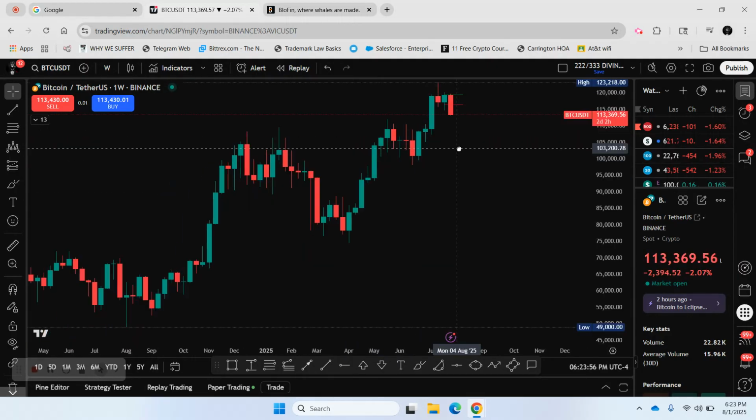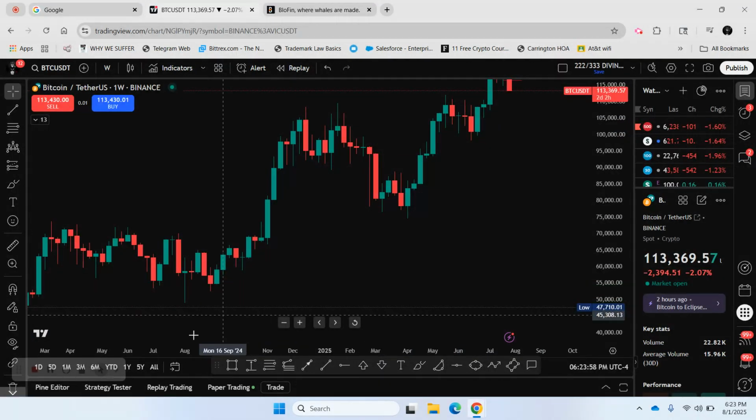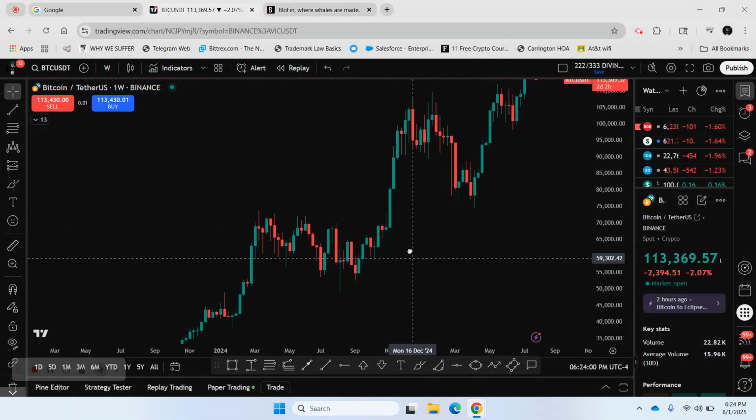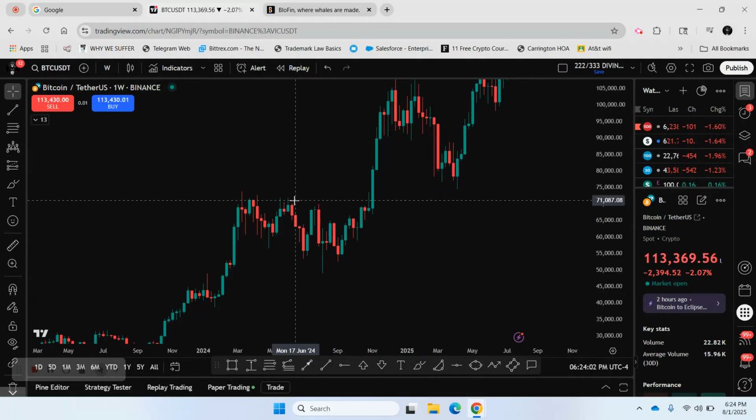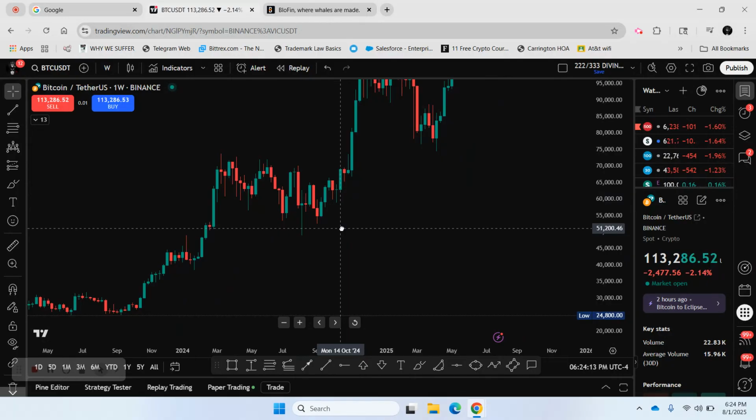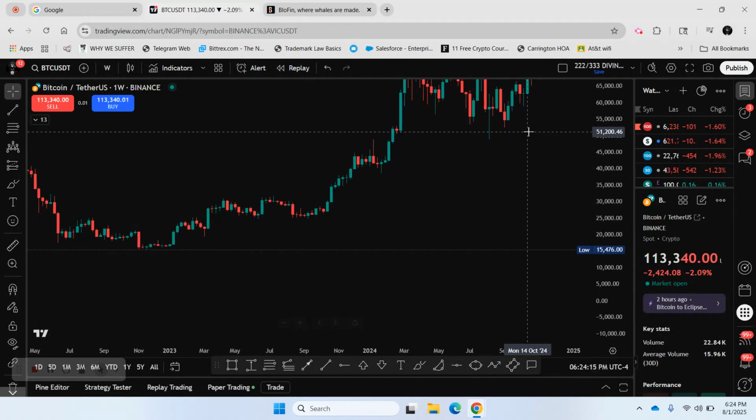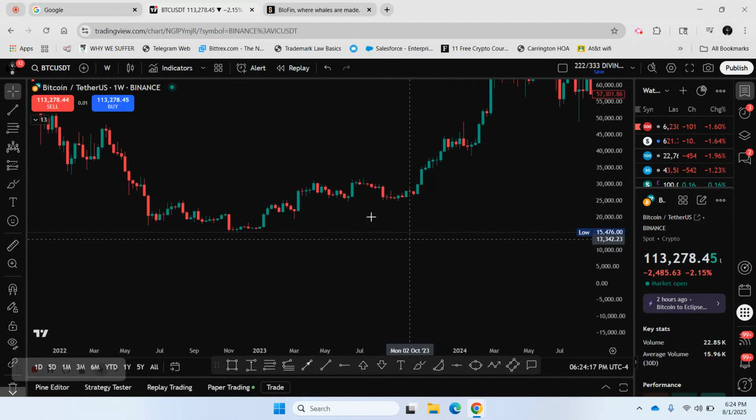So let's see. The last time we had something thick like that, I mean, this is decent. You see how they engulfed this one, and then we rolled on over. This candle engulfed this one, and we got a little deeper. Once again, we're on a weekly, so it's going to look a little different. But if you go back historically, you'll see even this candle right here engulfed this green candle.